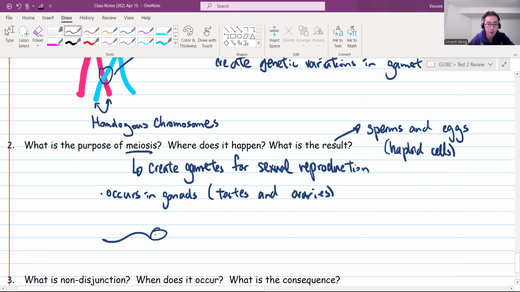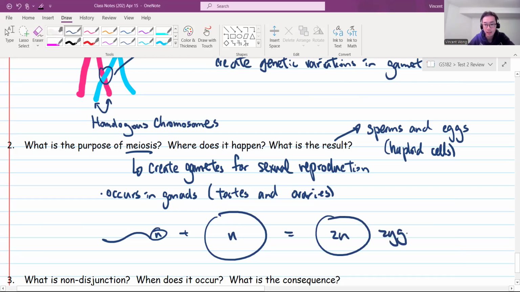Remember, the sperm is N plus the egg, which is N, and then you get 2N. We call that the zygote.